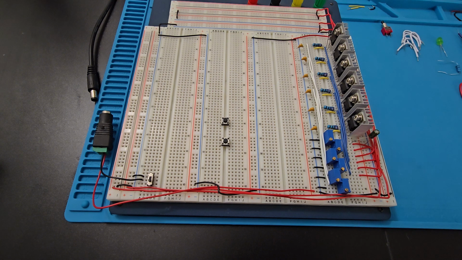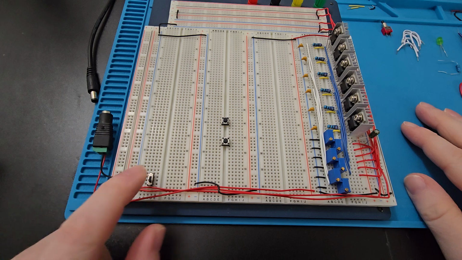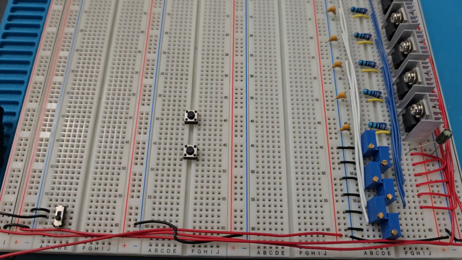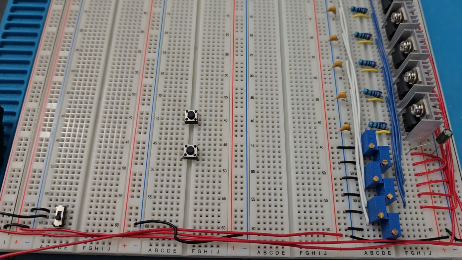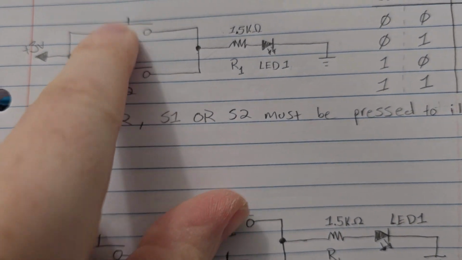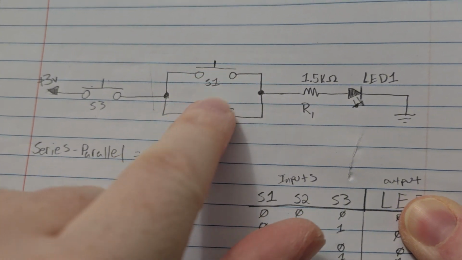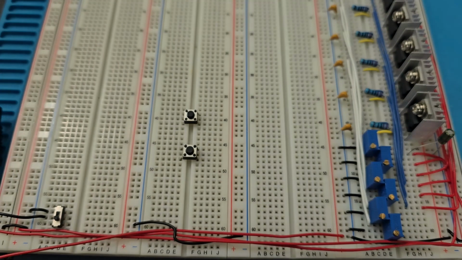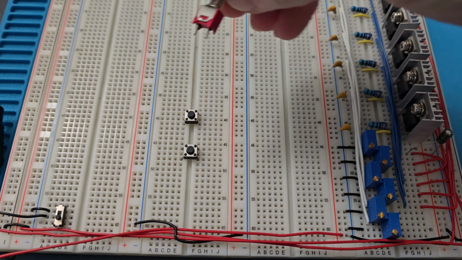Alright, let's go ahead and get started with this hardware build. Power's disconnected, main switch turned off. Cool. So I already have my switch 1 and switch 2 installed, and that will be these ones. Let's go ahead and put in my AND switch. I'm going to use a different one just to spice things up a little bit.